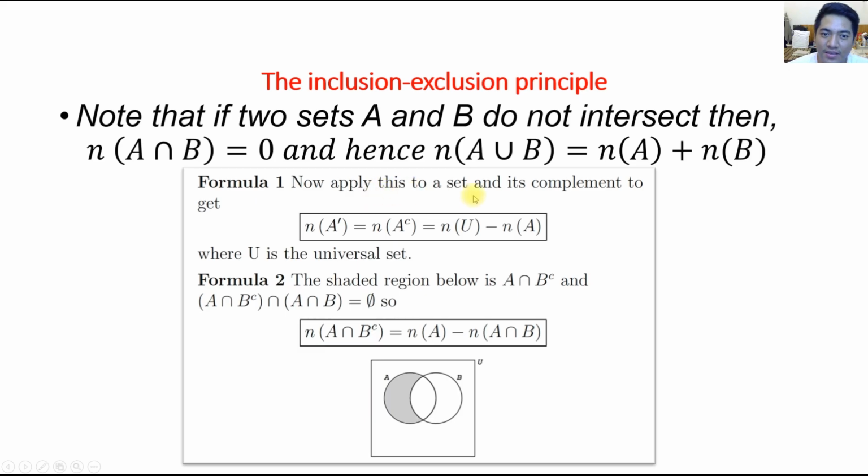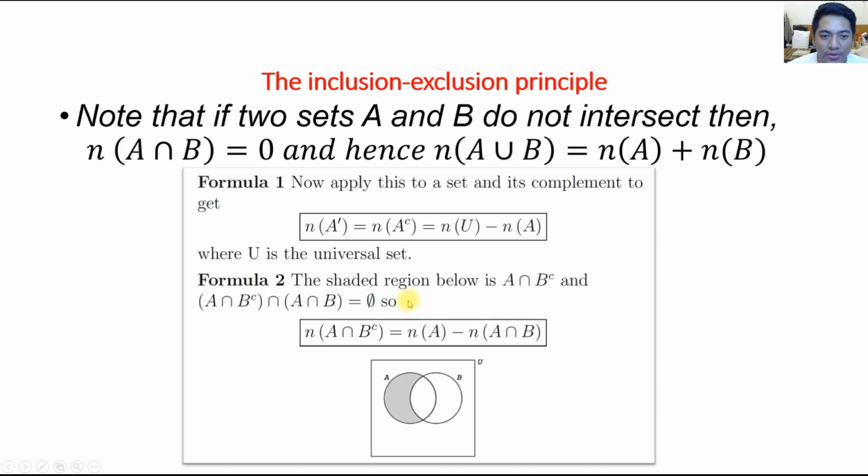Now, if we apply this to a set and its complement, the number of objects of A complement will be the number in the universal set minus the number of elements in A, where U is the universal set. Okay?